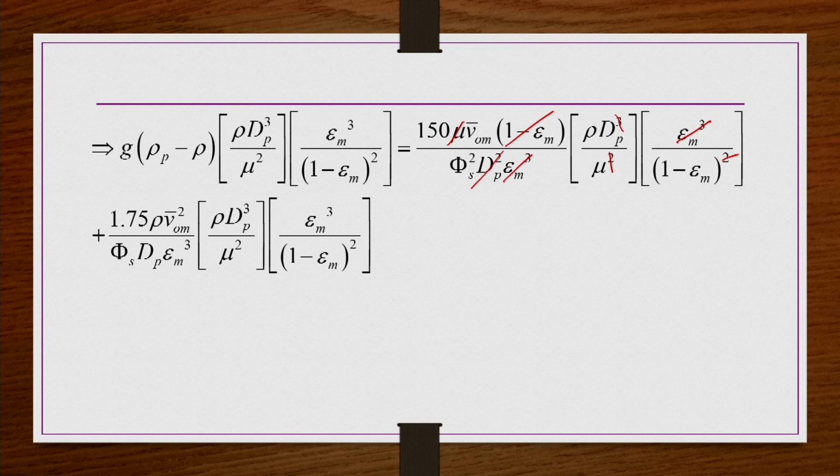Then what we have here is rho dp V0m bar divided by mu and divided by 1 minus epsilon_m. That is nothing but the Reynolds number. Forget about this phi_s squared; we take the spherical case as of now.